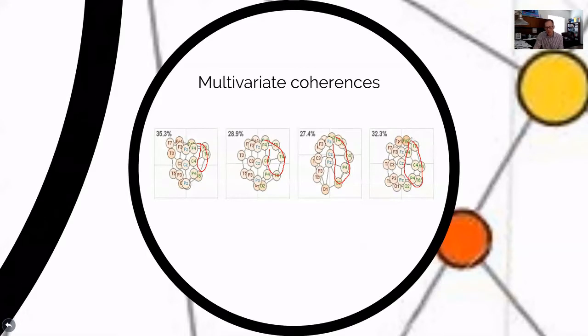And this matches much closer the DTI image and the anomalies we saw previously. So our multivariate coherences reflect the reality that we need to see to reflect the structural connectivity greater than our paired coherences do.